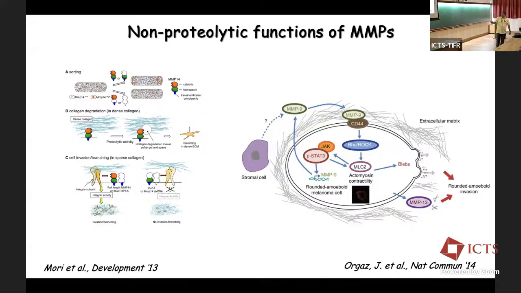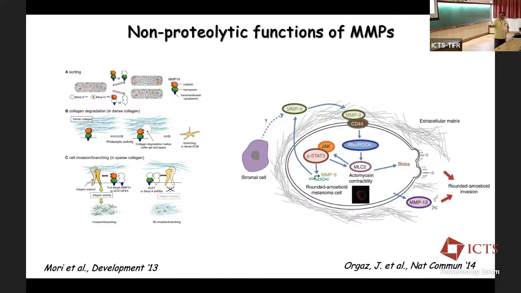More recently, MMP9 was also found to do this, in the context of melanoma. Typically, proteolytic cells are well spread and polarized, right? And amoeboid cells, which migrate in a non-proteolytic manner, are rounded.